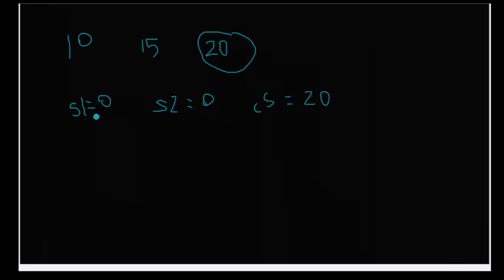So value of S2 will move here, again 0 will be the same, and value of current step will move here. So this becomes 20. Now current step will be cost of 15 plus minimum of these two. Minimum is 0 again. So this becomes 15.